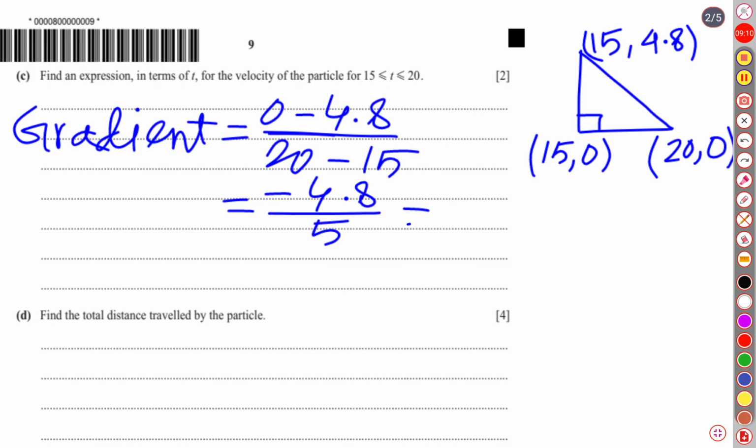If we divide 48 by 5, it is going to be 9.6, so negative 0.96 is our gradient. Then we can form an equation in terms of v and t. So v minus, they have told us to find the expression.